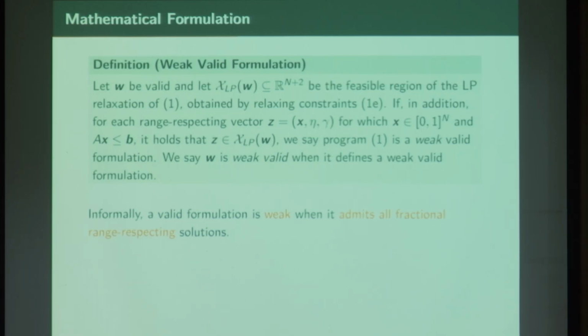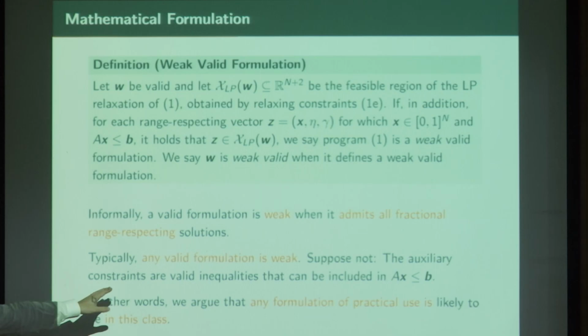And why do we call it weak? Because this formulation admits all fractional range respecting solutions. So here I'm not even talking about the range violating solutions, I'm talking about the ones that are range respecting. And how do you convince yourself that it's true?